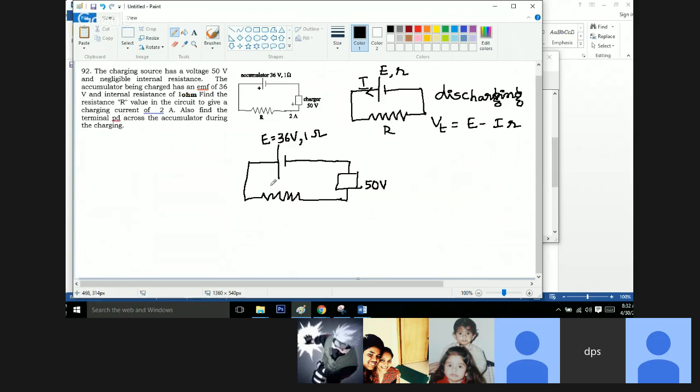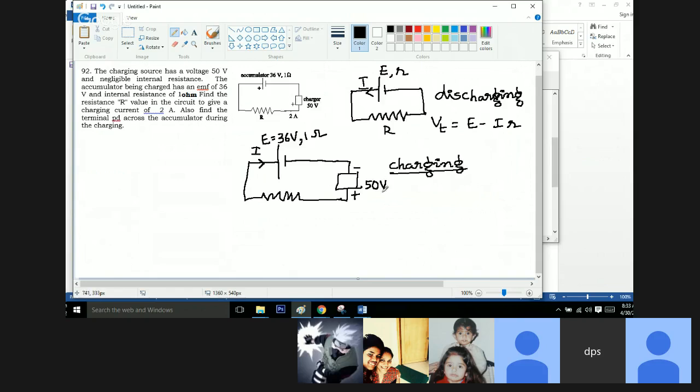Now this is the diagram where current goes into the positive. This is positive, this is negative. From positive to positive, this positive should be higher. Then current is going into the positive of the cell. My dear, remember, that is known as charging. In the previous diagram, when current is coming out of positive, it is discharging. Now this is charging.